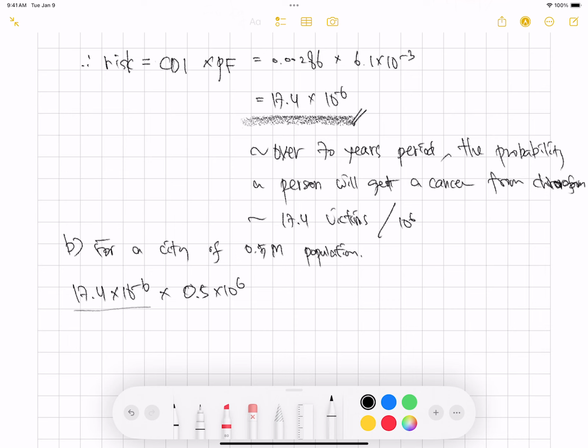This is for over a 70 year period, but the number that you were asked to calculate is per year, so we need to divide the number by 70, and the final number is 0.12 extra cancers per year, right?